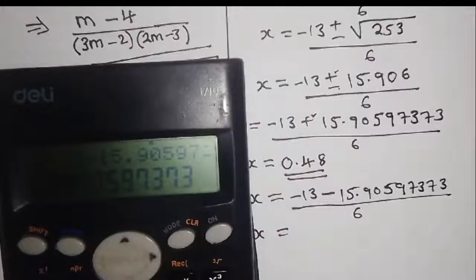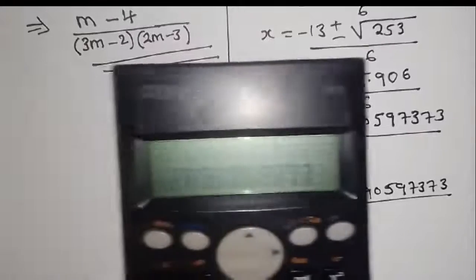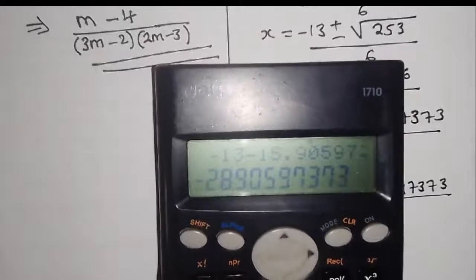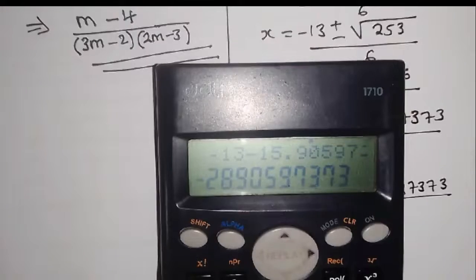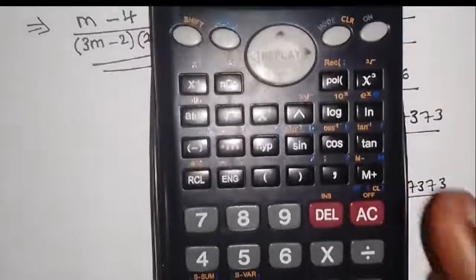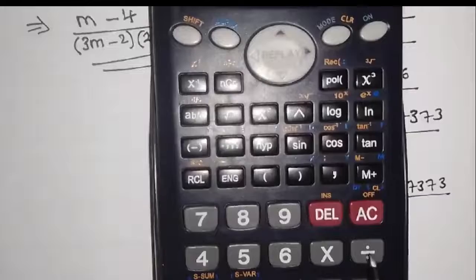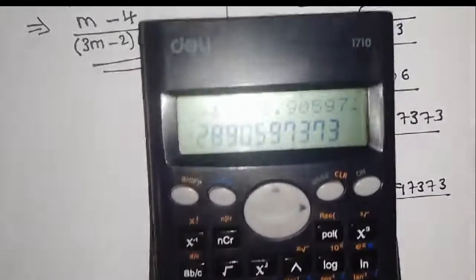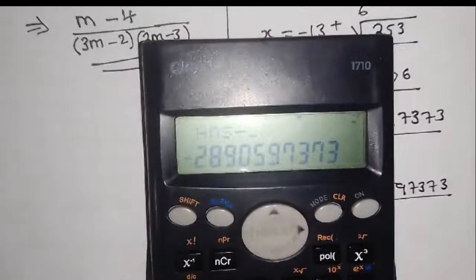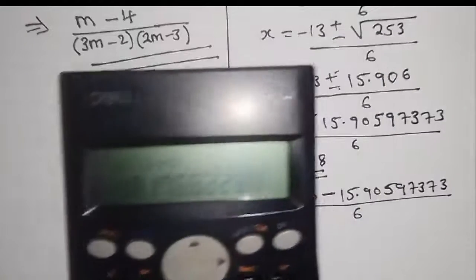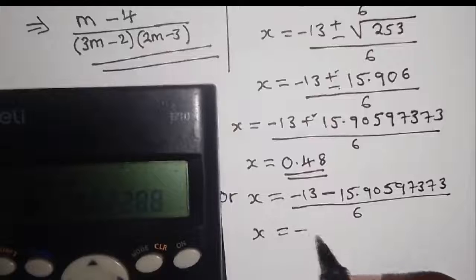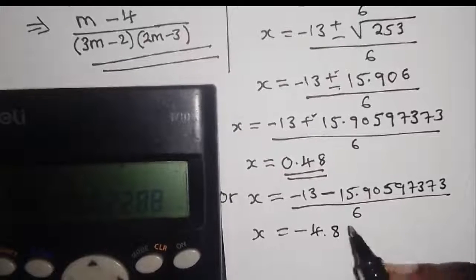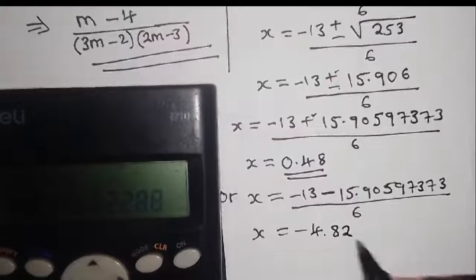Now after that, finally you divide by 6. You have to divide by 6. So this is a division symbol there. So what you do is you divide by 6, then it will give you negative 4.82, okay?